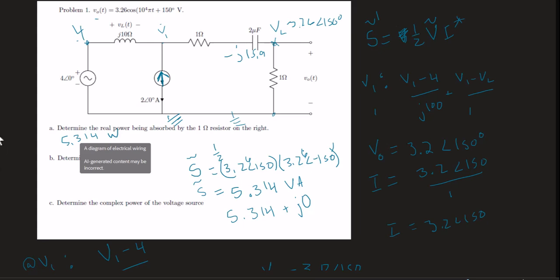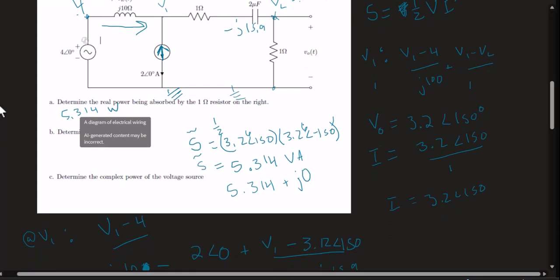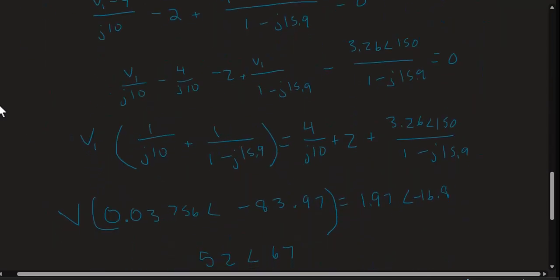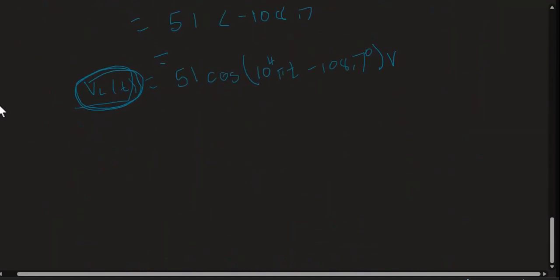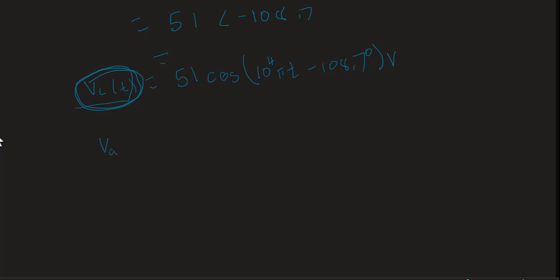The current through this inductor is always the voltage where you start minus the voltage where you end, over the impedance in between.